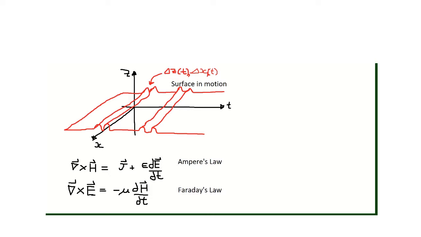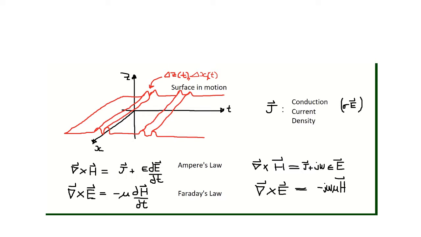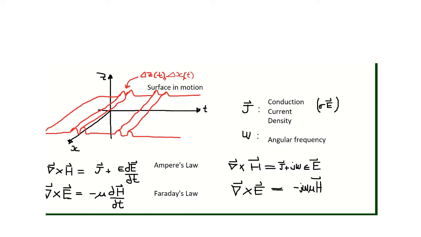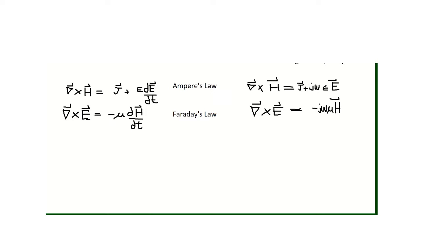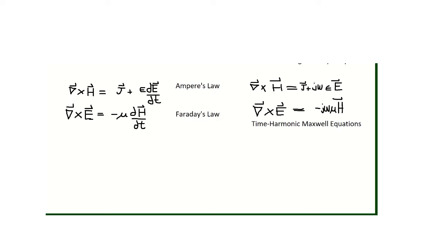We notice these expressions are written in time domain form. They may also be written in frequency domain form, where J is conduction current density and omega is angular frequency. Also, the expressions on the right can be noted as their time harmonic Maxwell's equations.